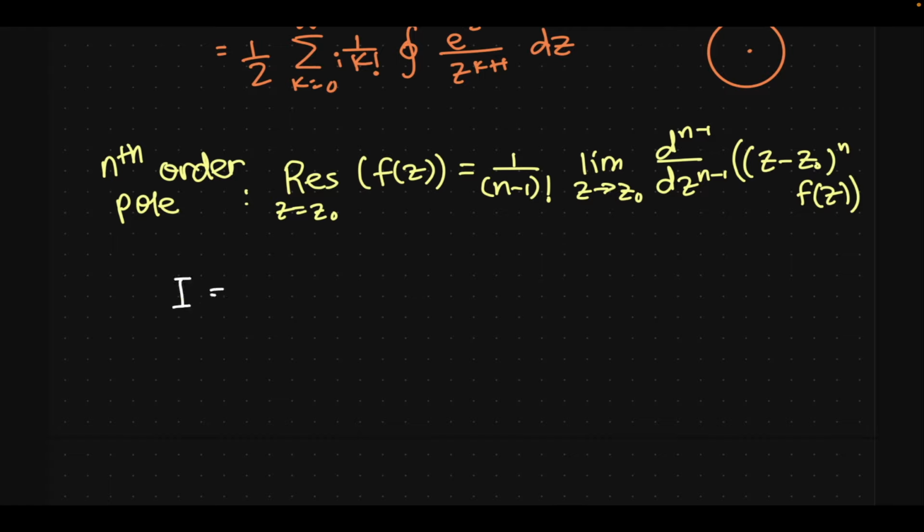While the 1 over 2i can be taken out, we still have the sum from 0 to infinity and 1 over k factorial.